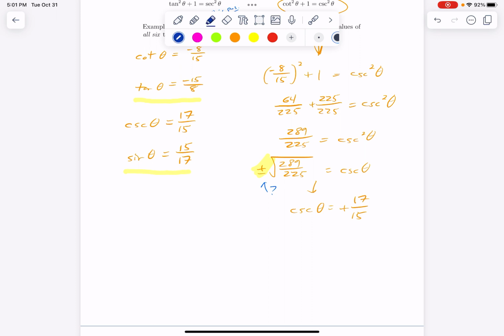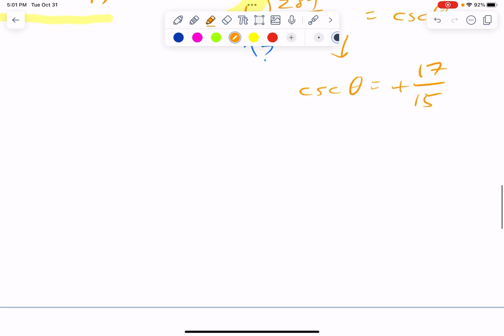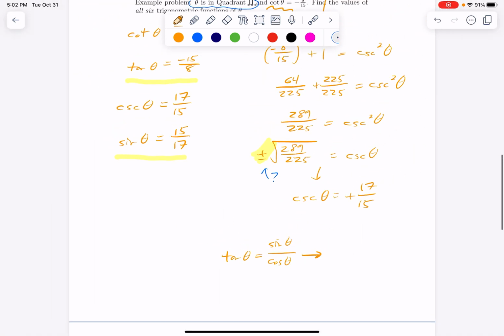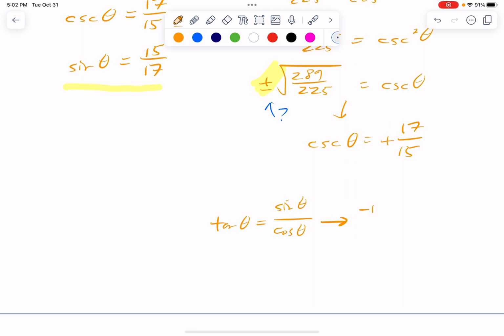So I'm going to do a little more work down here. Tangent of theta is defined to be sine of theta over cosine of theta. We already know that tangent of theta is negative 15 over 8.